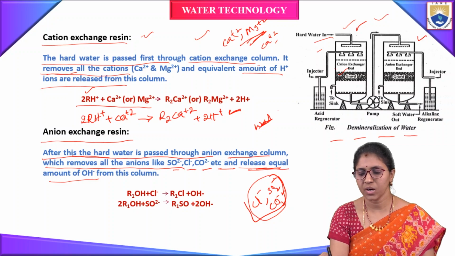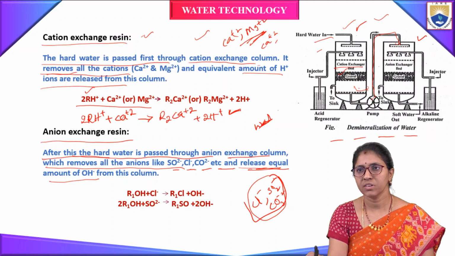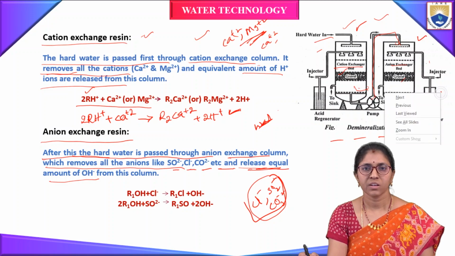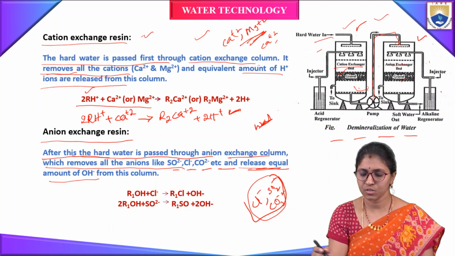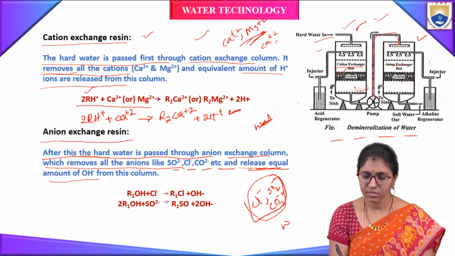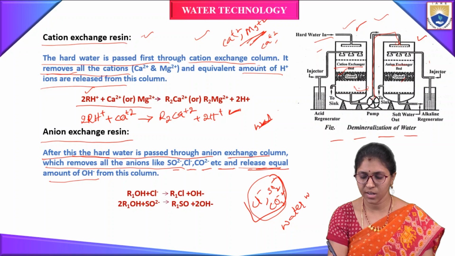First we pass the water through the cation exchange bed, so the cations are removed. After that, we pass it through the anion exchange resin. Finally we get water that has neither anions nor cations.